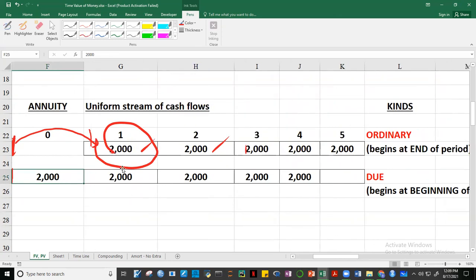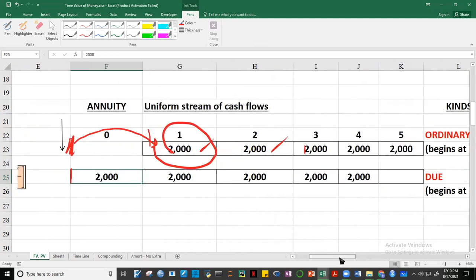And then, so now, and then after 1 year, the first year, second year, third year, fourth year. So you have 5 uniform stream of cash flows. Ito din, 5 din. The only difference is the timing. So ordinary, at the end of the period pa. Si due, at the beginning of the period. So please take note of that.